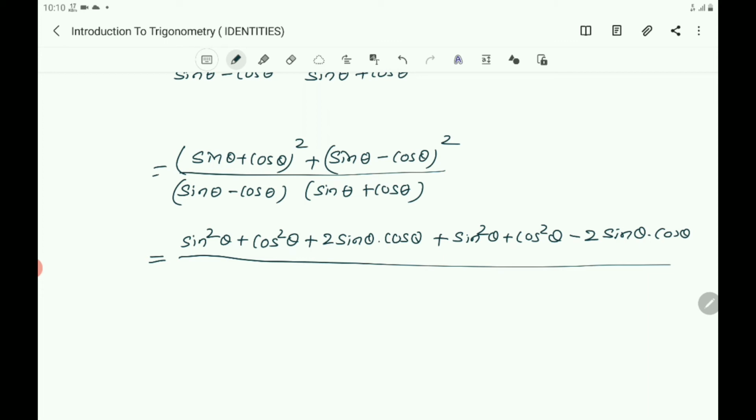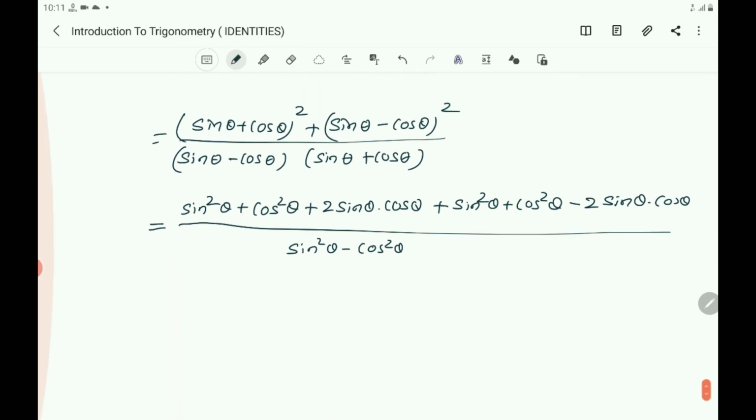Now here the product of these two, you know that this is in the form of a minus b into a plus b, that is x minus y into x plus y, that equals what? X square minus y square. So you will get sin square theta minus cos square theta. The product of sin theta minus cos theta into sin theta plus cos theta is sin square minus cos square.